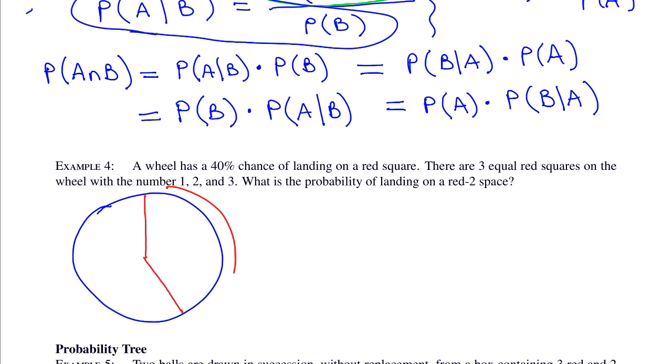Let's say that that's 40%. Now, inside this 40% sector, there are 3 equal spaces with a 1, a 2, and a 3. We're going to use that information to find the probability of landing in the one that is red and 2. So this middle one right here.